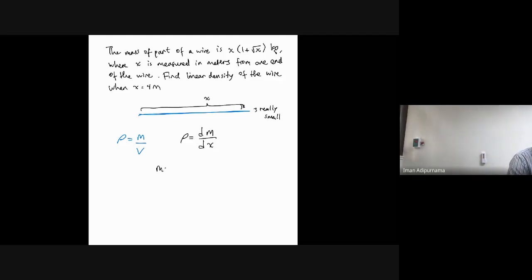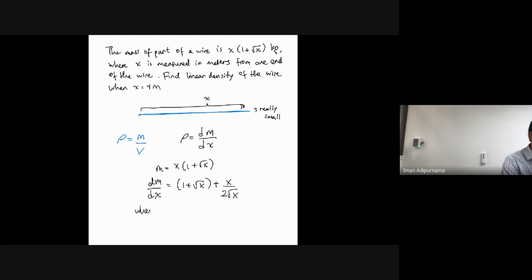So if the m itself is x squared, we need to find dm over dx, which is 1 plus x.